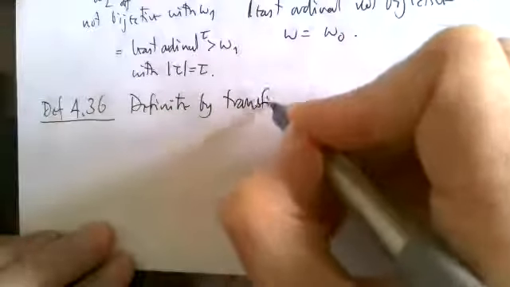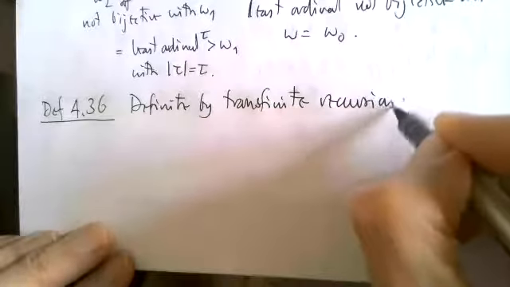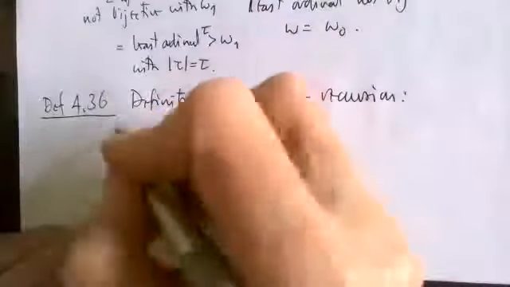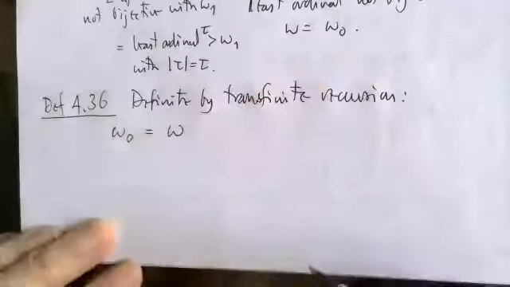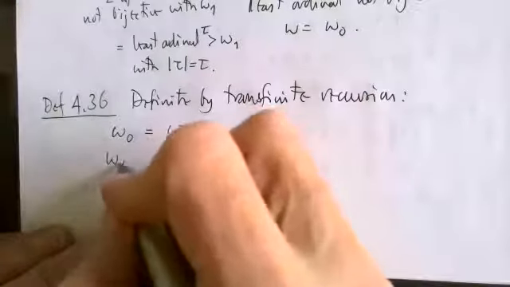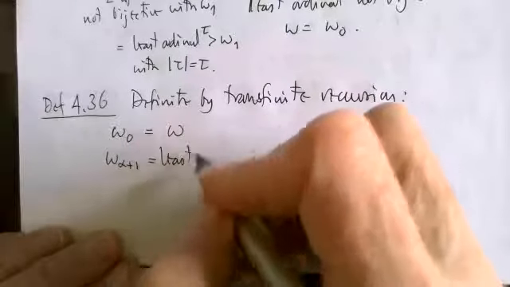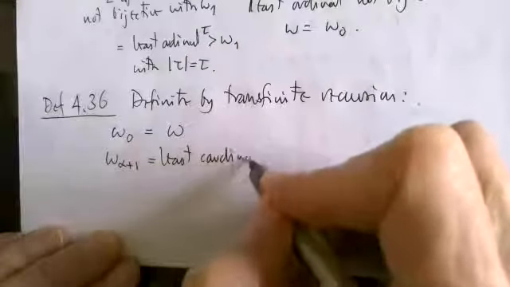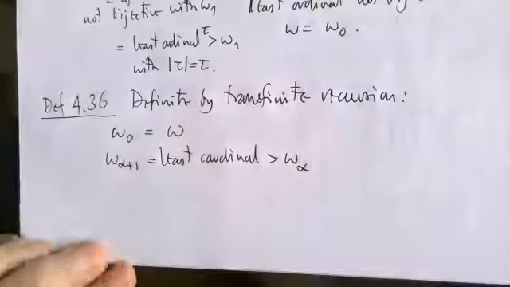We define by transfinite recursion a kind of enumerating function. Omega 0 is omega. And omega alpha plus 1 is the least cardinal bigger than the previous one.